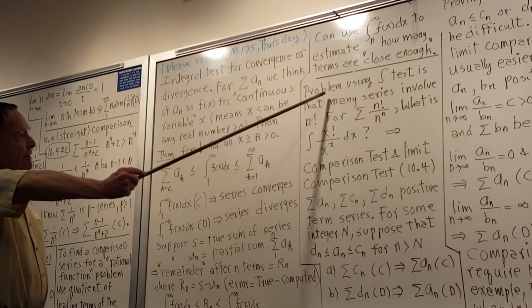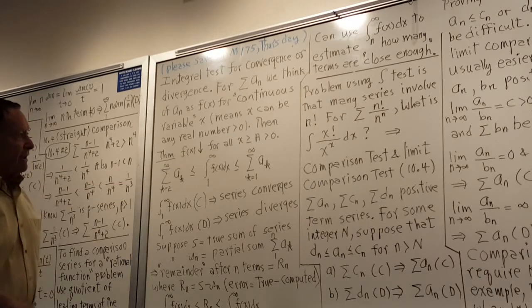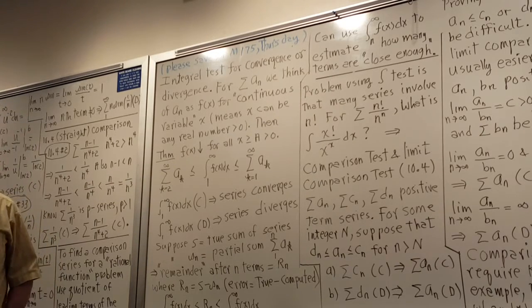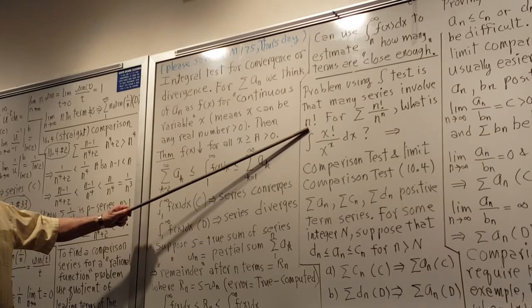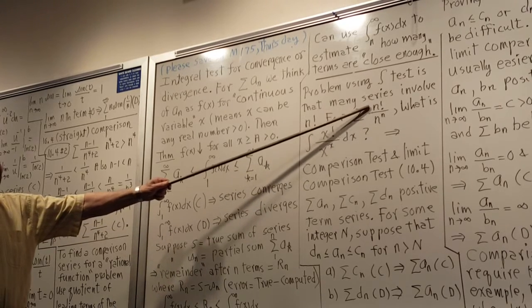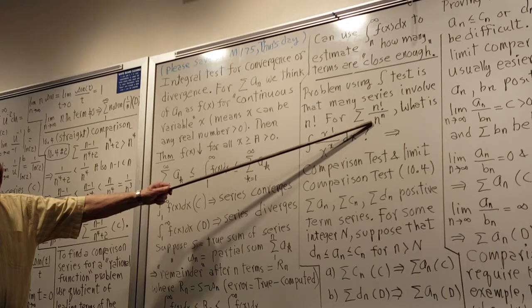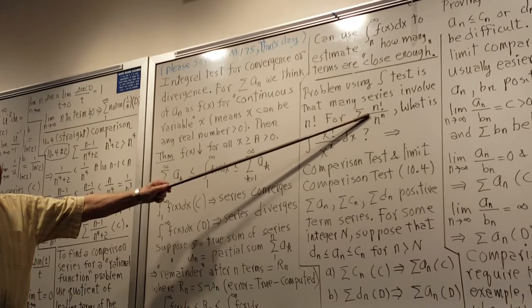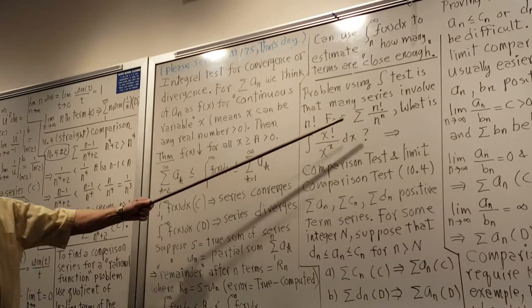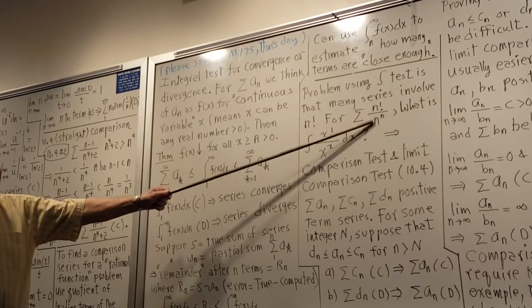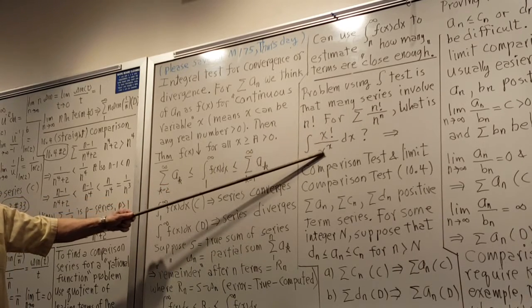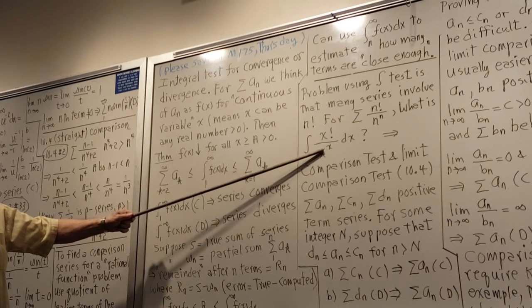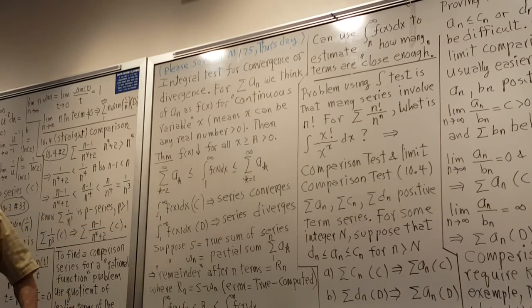So the problem with using the integral test is that many series involve the factorial. For example, something like this. Here's a series. If you looked at the corresponding function of a continuous variable x, which would look like that, how would you integrate something like that?